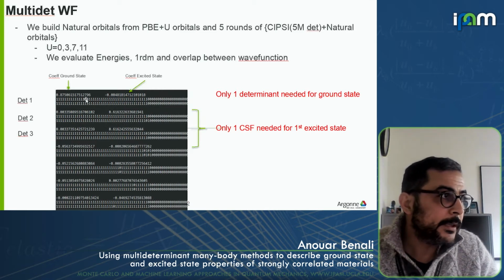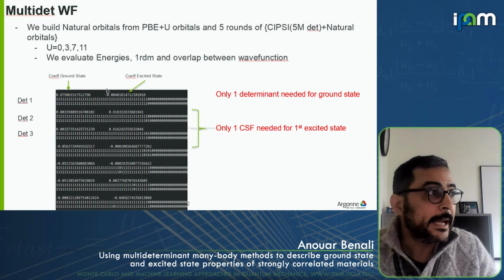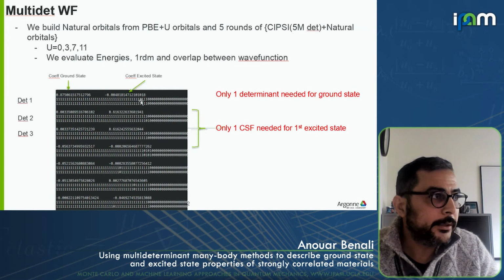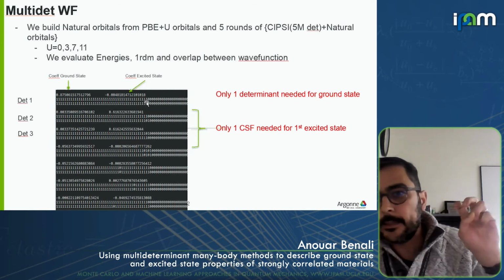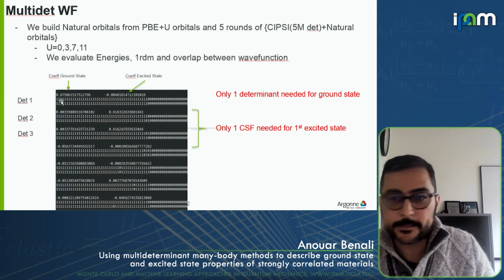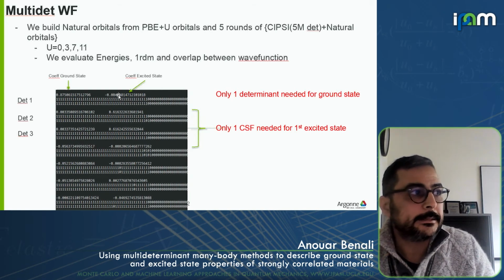The first coefficient here corresponds to the weight of the ground state, and this one corresponds to the excited state. And you can see that this one here, which we may think of as a Hartree-Fock, is the ground state, and all the weight of the wave function resides on that first determinant. Obviously, this determinant does not contribute to the excited state.